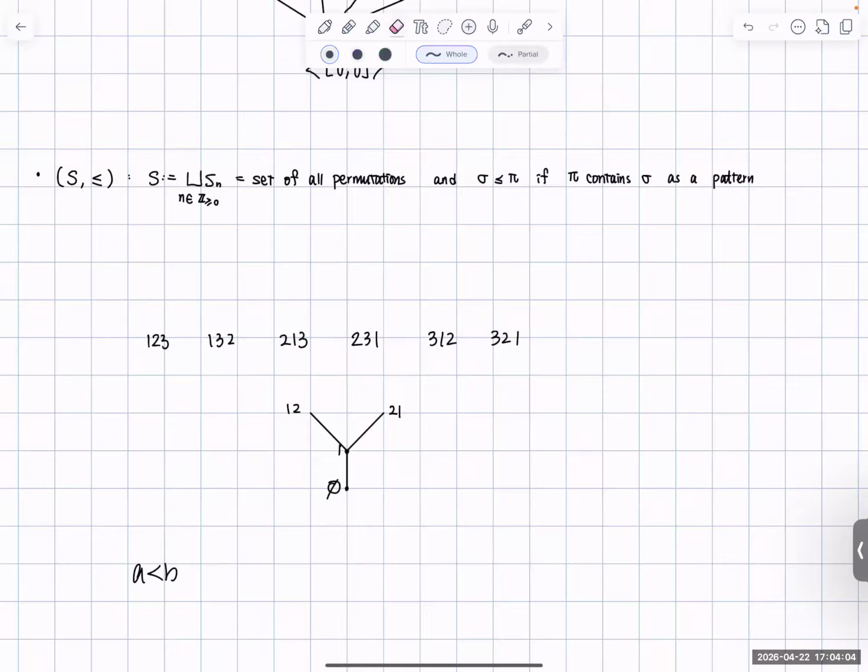So for example, you do actually have 1, 2 here. It just means that 2 numbers are increasing. Here you have 1, 3. This is a 1, 2 pattern because this one is less than this one. So that's what that means.